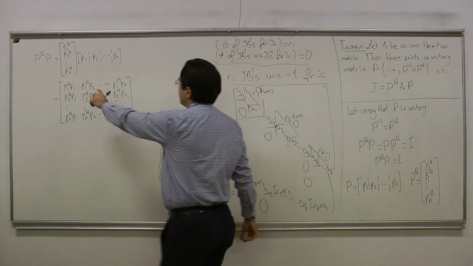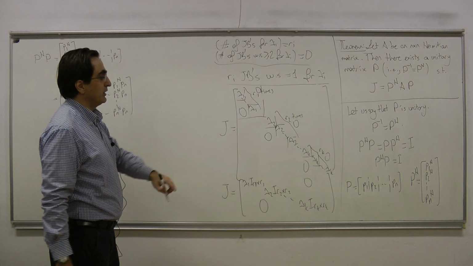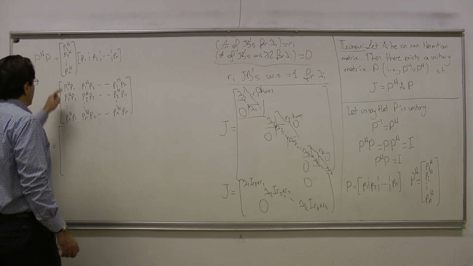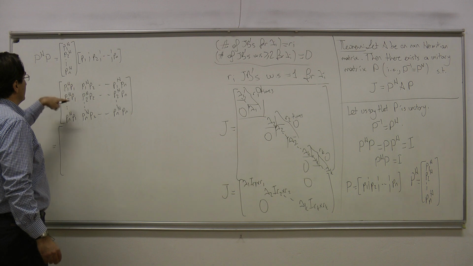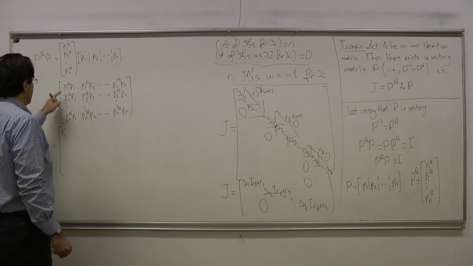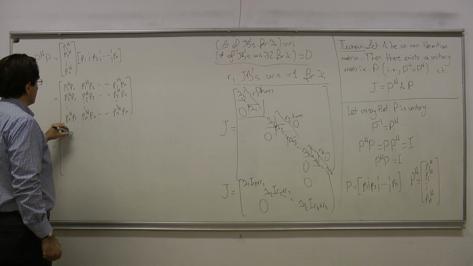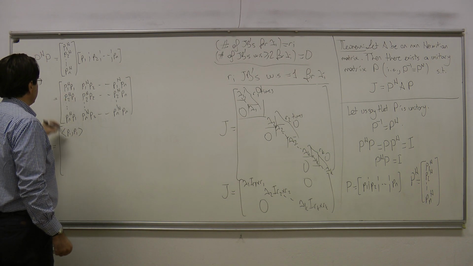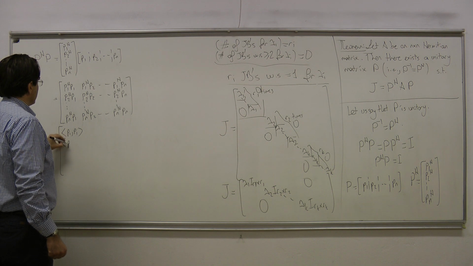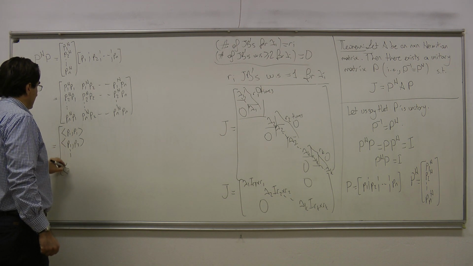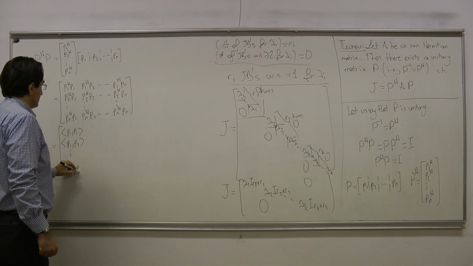And I know that for a unitary matrix, this should be the identity matrix. But before that, I will write each of these scalars as an inner product. So this is P1 inner product with itself, and this is P1 inner product with P2, continuing until P1 inner product with Pn.